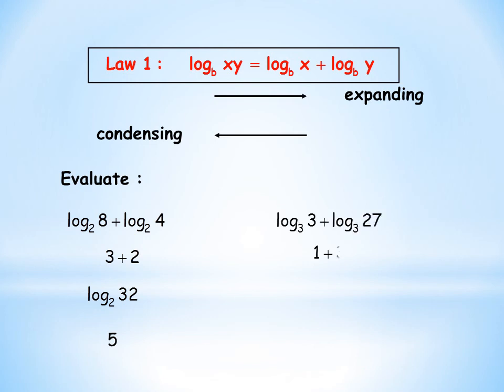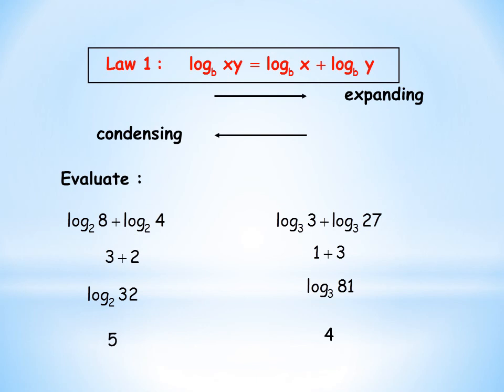Same thing here, right? Log 3 of 3 would be 1, log 3 of 27 is 3, so we know this evaluates to 4, but we could also multiply the 3 and the 27 together and get the log 3 of 81, which is also 4.